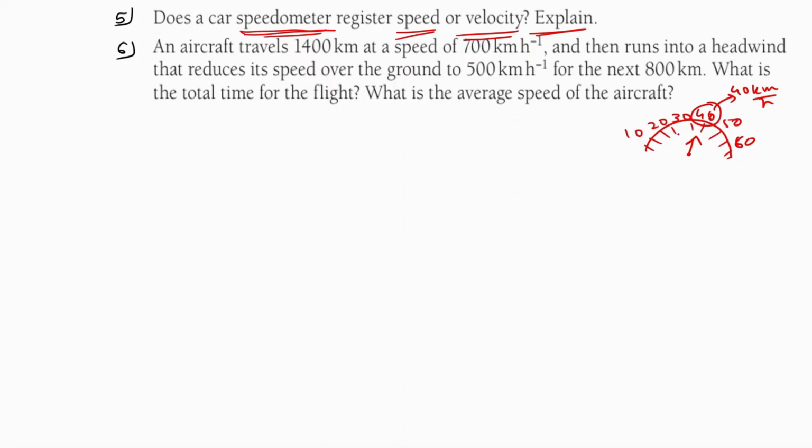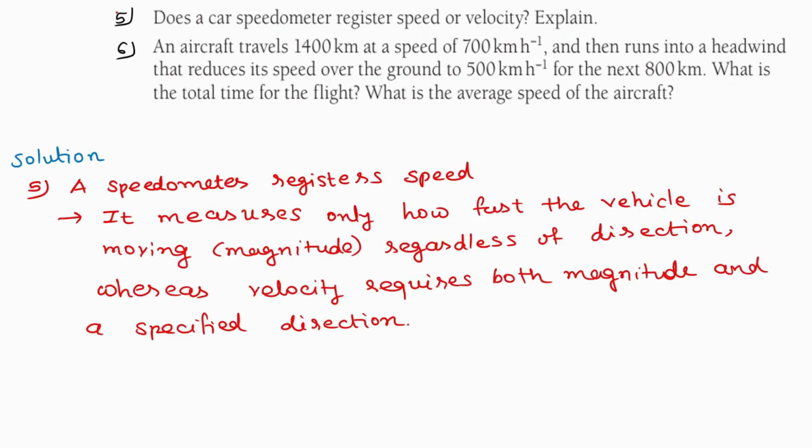But if you need to find where am I going, meaning direction, I know the magnitude here, I can find it, but if I want to find which direction I am going, you cannot give a correct answer from this because it doesn't show the direction. It only shows the numbers, meaning magnitude. So the answer to question number five is it registers only speed.